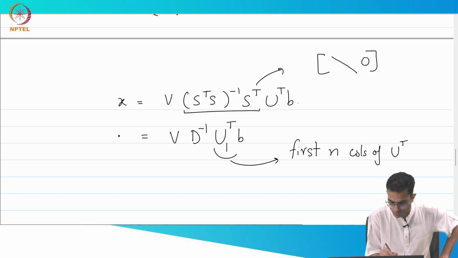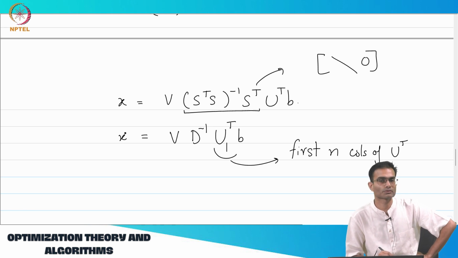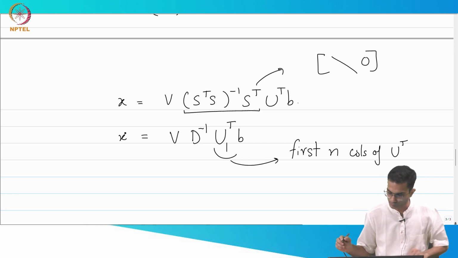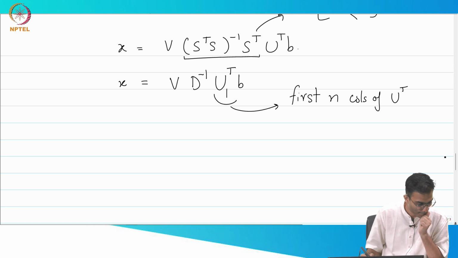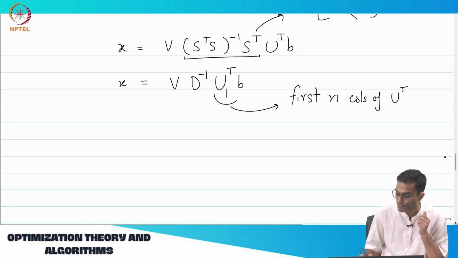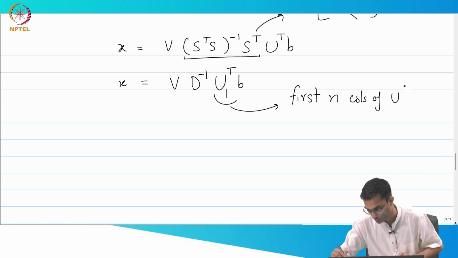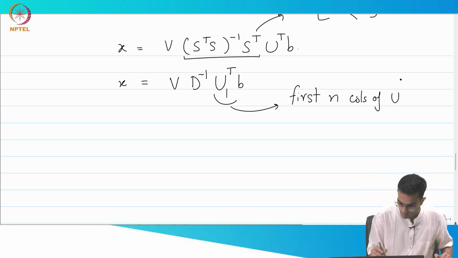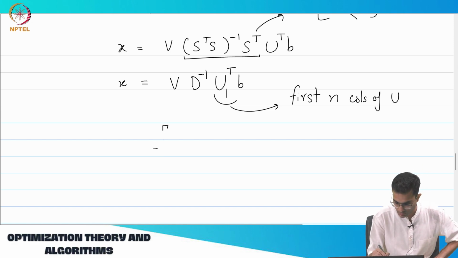So here is my solution which has come from SVD, a simple manipulation of the first n columns of U transpose. No, it should be of U. So let's have a look at this.